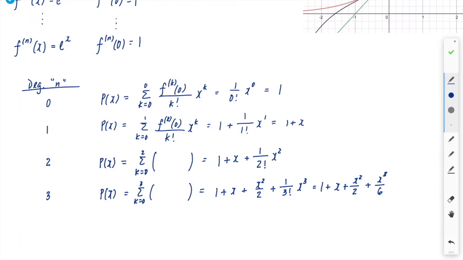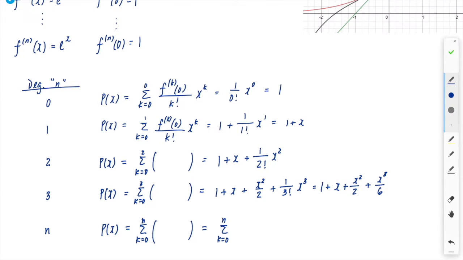Okay, and then the general polynomial is going to be up to the nth term of this whole thing. And so you can write it as the sigma of k from 0 to n, where all of those derivatives at 0 are equal to 1 in this case.